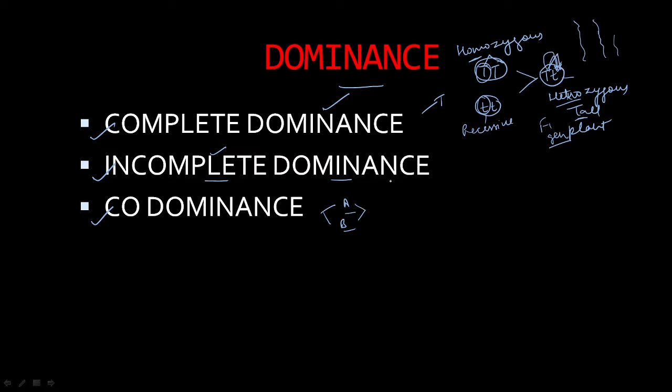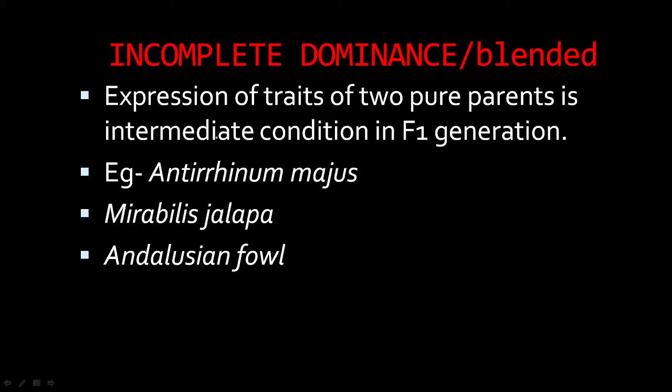Now here we are talking of incomplete dominance. Here we will observe that the dominant allele is not completely dominant, right? Let's see the definition. You can observe here the expression of the traits of pure parents is an intermediate condition in the F1 generation. तो जब हम प्योर पेरेंट्स की क्रॉसिंग कराते हैं, सपोज वी आर टेकिंग रेड कलर फ्लावर एंड वी आर क्रॉसिंग इट विद अ वाइट कलर फ्लावर. सो जब हम ये क्रॉस कराएंगे we get pink color flower in the F1 generation.